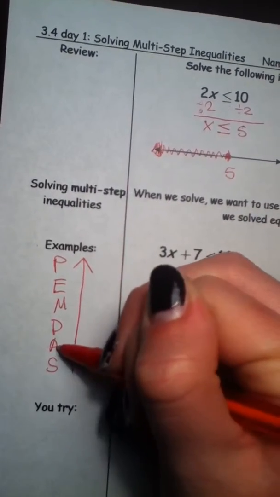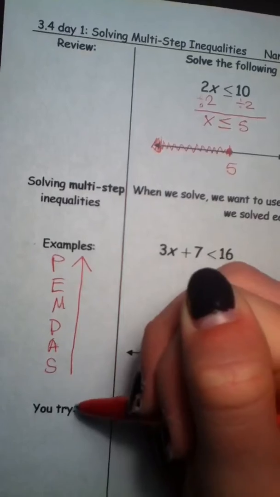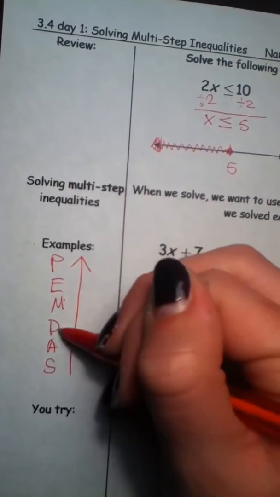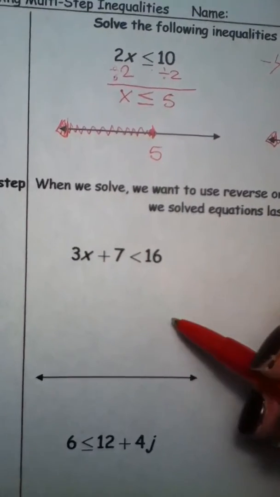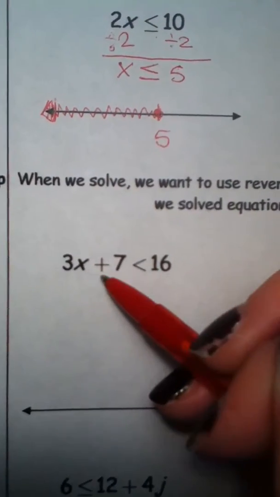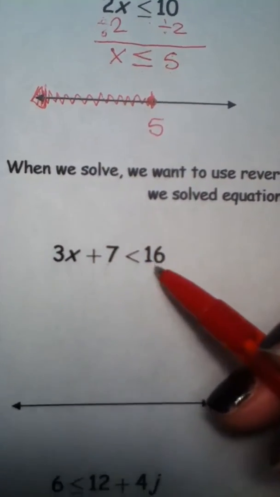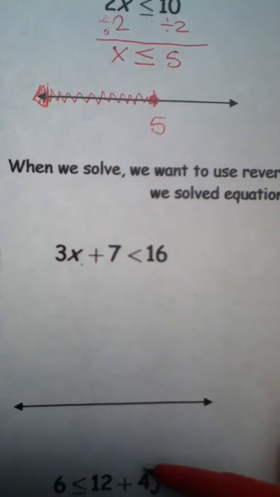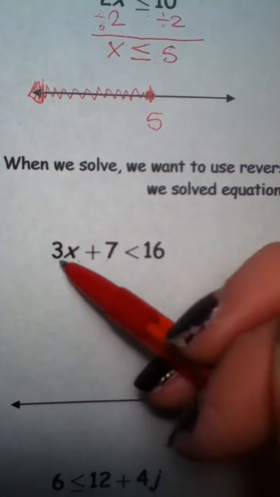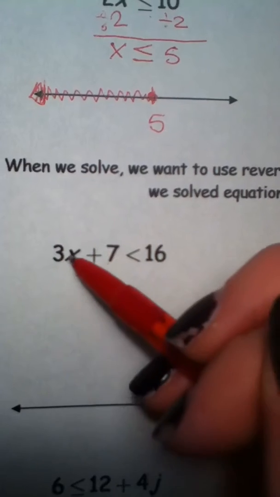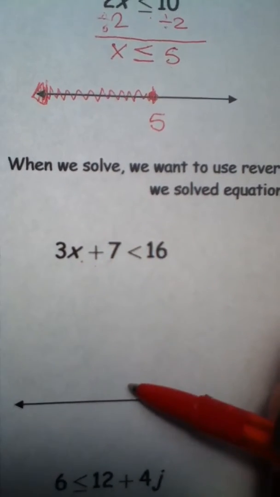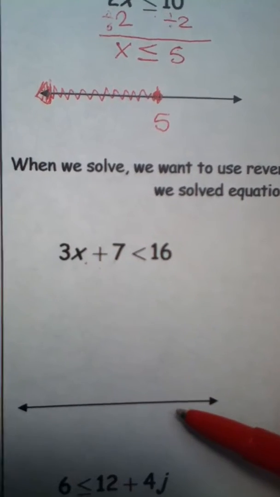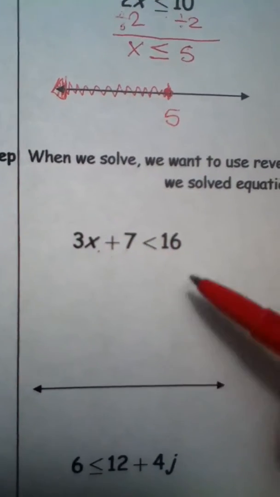So we're going to start by adding or subtracting, then multiplying and dividing. So starting with this one, we've got 3x plus 7 is less than 16. I want x by itself. So you've got two options. You can divide by 3, or we could subtract 7 from both sides. Which one do you want to do?